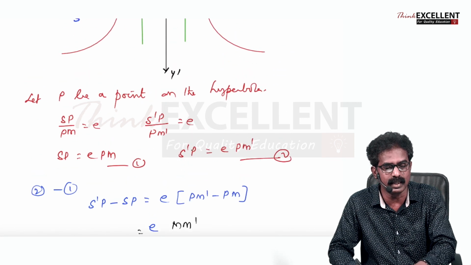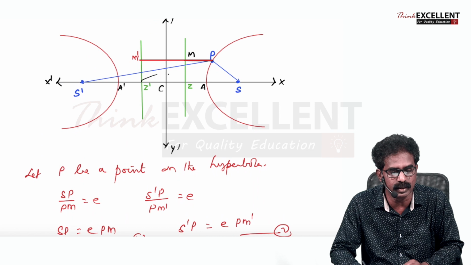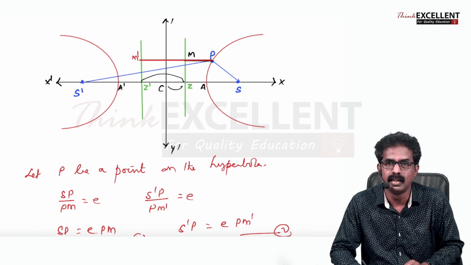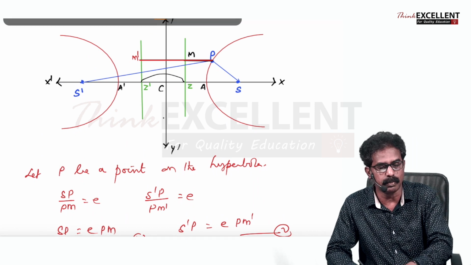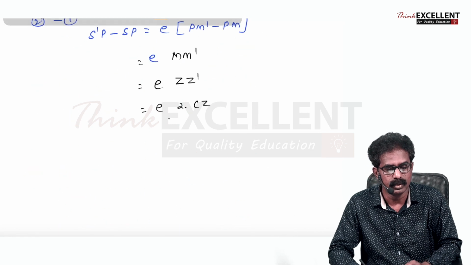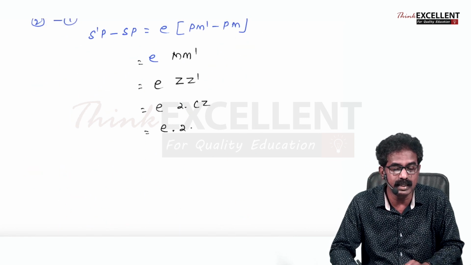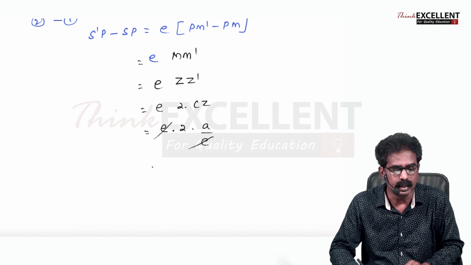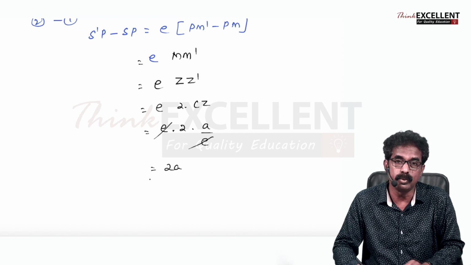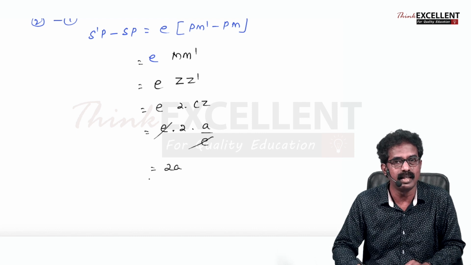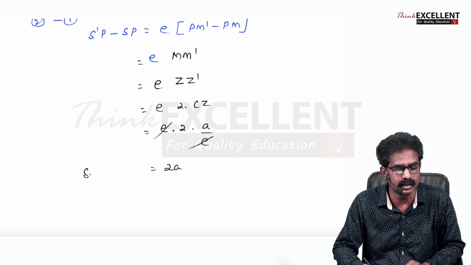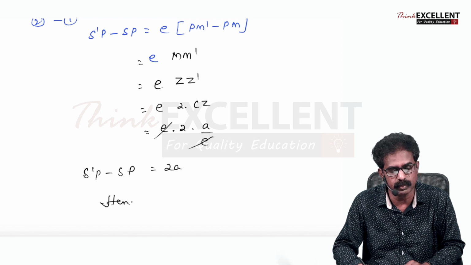This full length is equal to 2 times CZ, because C is the midpoint, the center. So that is E into 2 into CZ, which is A by E. E cancels, you are getting 2A, and that 2A is the length of the transverse axis. So S dash P minus SP equals 2A, hence proved.